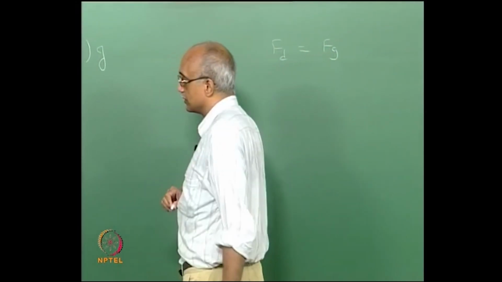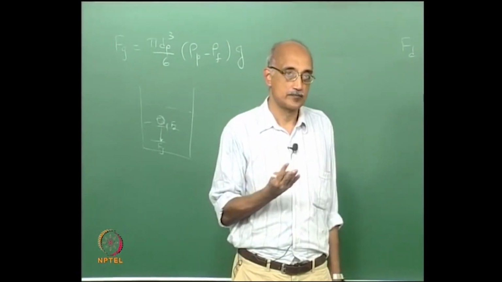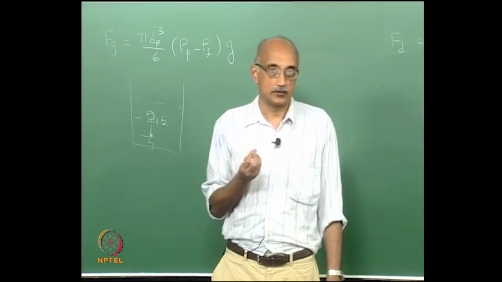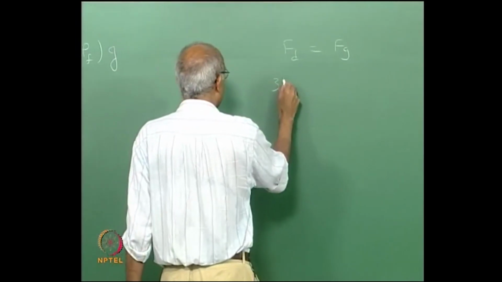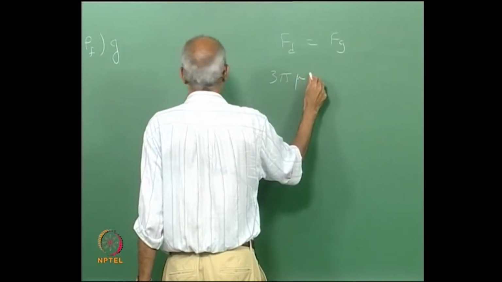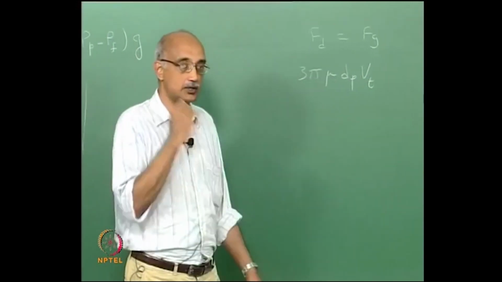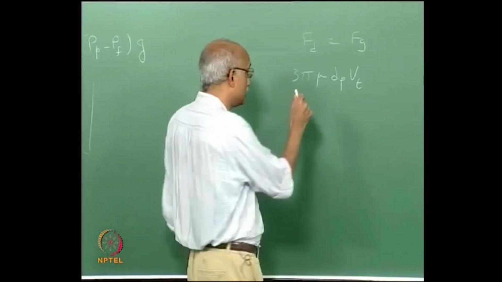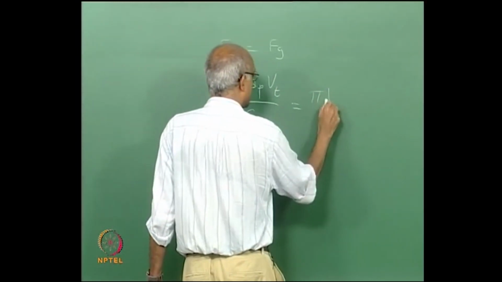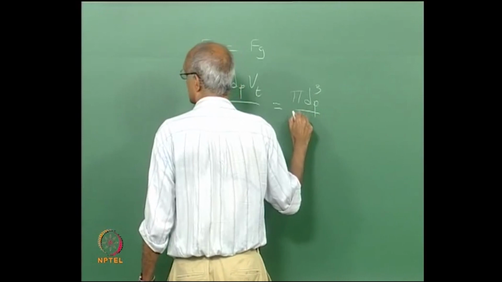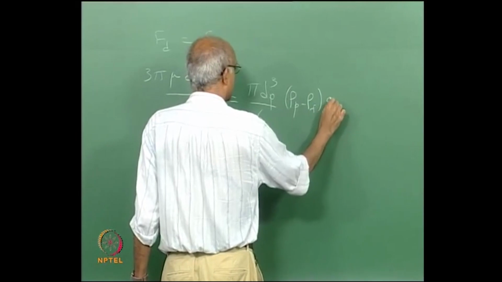So, when you do that, now let us take the case of very small Reynolds numbers. Under settling conditions, mostly the Reynolds numbers are very small. So, you can assume that the drag force will correspond to that. So, it is 3 pi mu dp times, in this case of course the velocity will now be the terminal velocity Vt over Cc, and this is equated to pi dp cubed by 6 times rho p minus rho f times g.